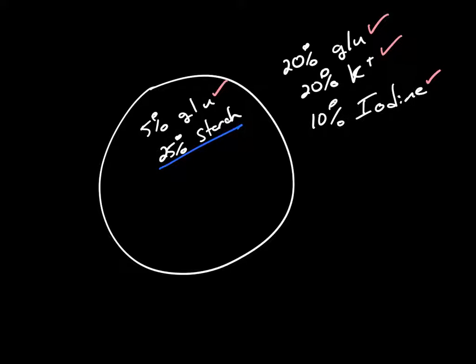Now, the other thing that we know, according to the problem, is that iodine is a yellowish solution. A starch solution is white. The starch will turn purplish black in the presence of iodine. Okay?